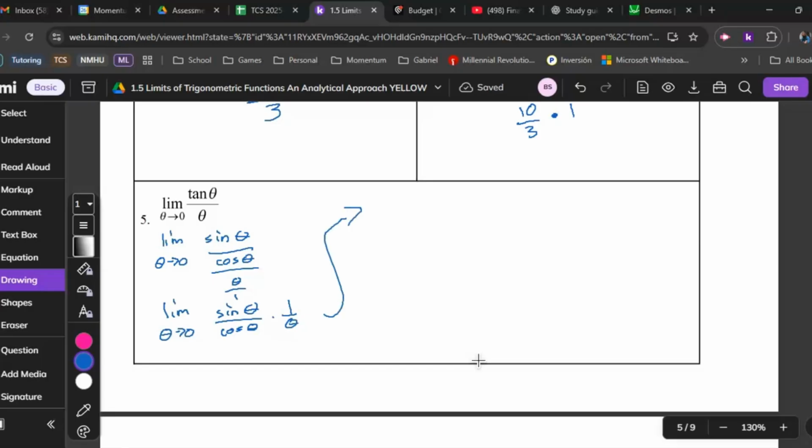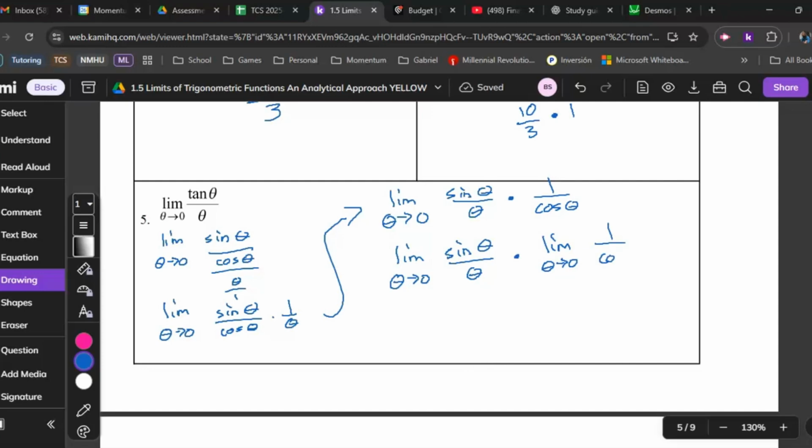So then I'm going to split apart those two fractions and write them differently. So the limit as theta approaches 0, I'm going to get sine theta over theta times 1 over cosine of theta. All I did is change the order I multiplied in. That's fine. We're allowed to do that, right? Commutative property. And then, can't I just take these two limits separately now? Yeah. So I'll write it out, even though I don't technically need to. This is the limit of sine theta over theta times the limit as theta approaches 0 of 1 over cos theta.